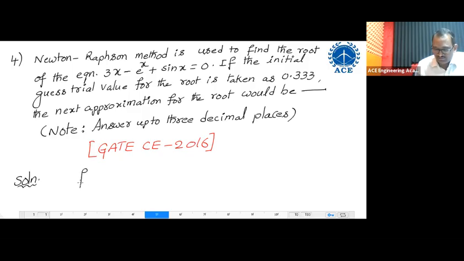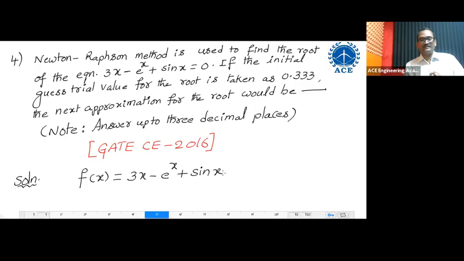So the given function, let it be f of x. So f of x is equal to 3x minus e power x plus sin x. And we were given the initial trial value, meaning the initial approximation, as 0.333. Find f dash of x.